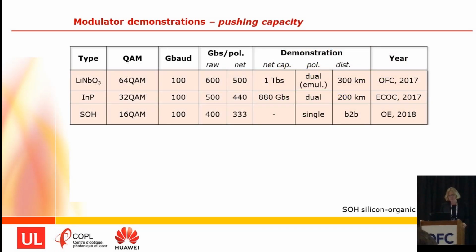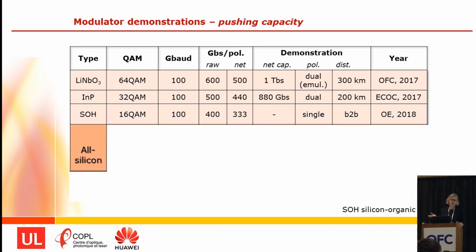If we look at previous demonstrations at 100 gigabaud for different modulators on different types of platforms, for instance, lithium niobate, indium phosphide, and silicon organic hybrid, there have been various demonstrations ranging from a raw bit rate per polarization from 400 to 600. But of course, these technologies are not all silicon, and so they cannot reap the advantages I discussed previously.